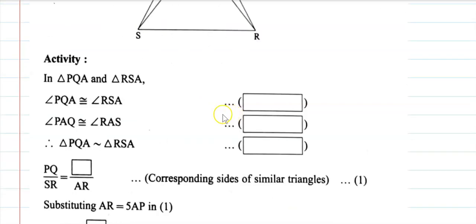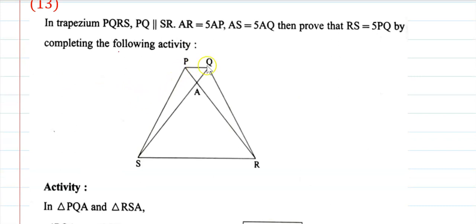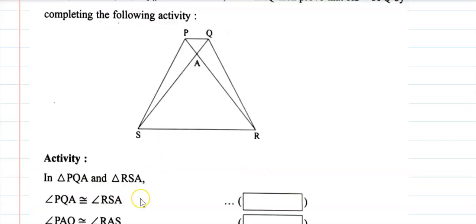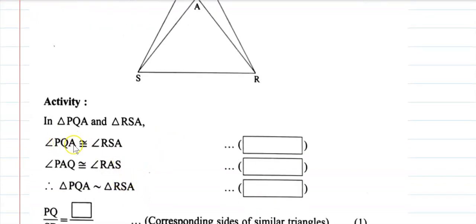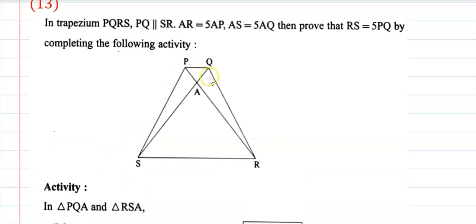Now, in triangle PQA and triangle RSA, what is happening? Angle PQA is congruent to angle RSA. These are alternate angles.